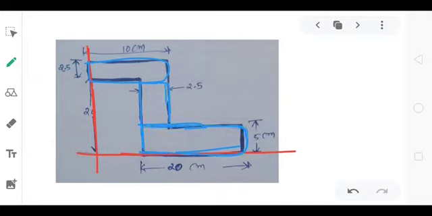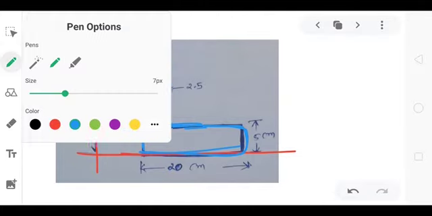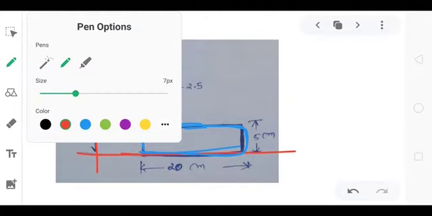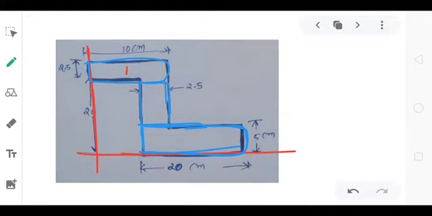So where will be the centers? First I will show roughly where the center points will be. The first center point will be somewhere over here. Let me zoom.